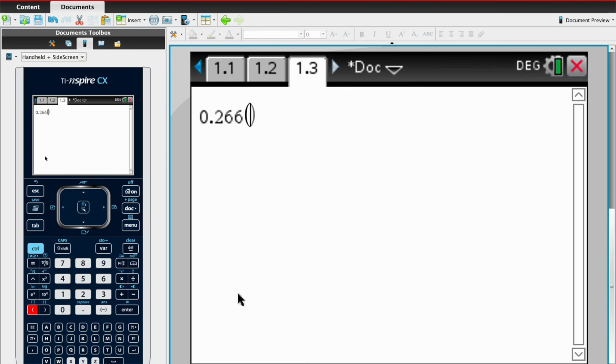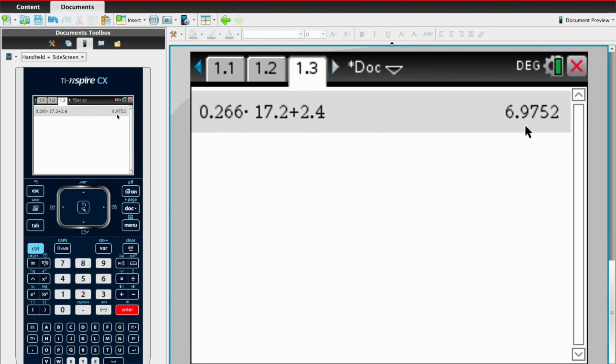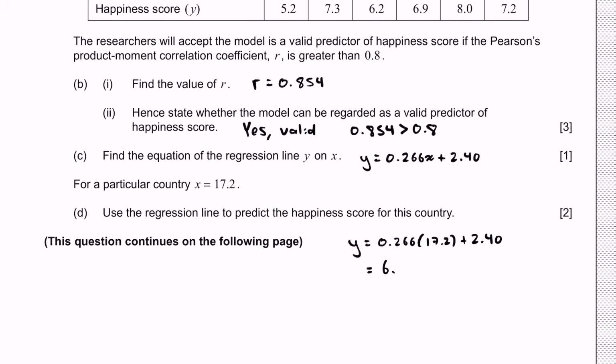So the happiness score, at least the one we would predict, would be 6.975 or 6.98 to 3 significant figures. So let's write this in. 6.9752 or 6.98. Okay. The question continues on the following page.